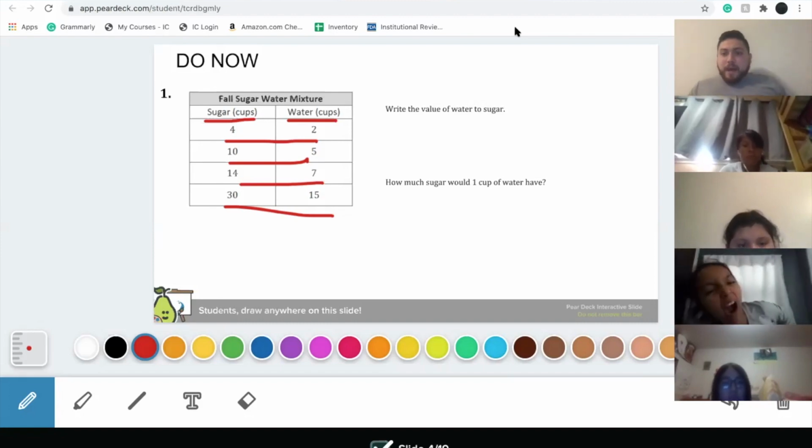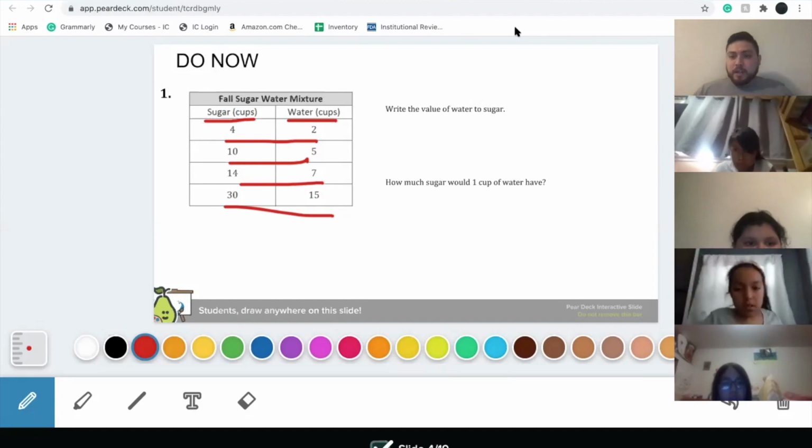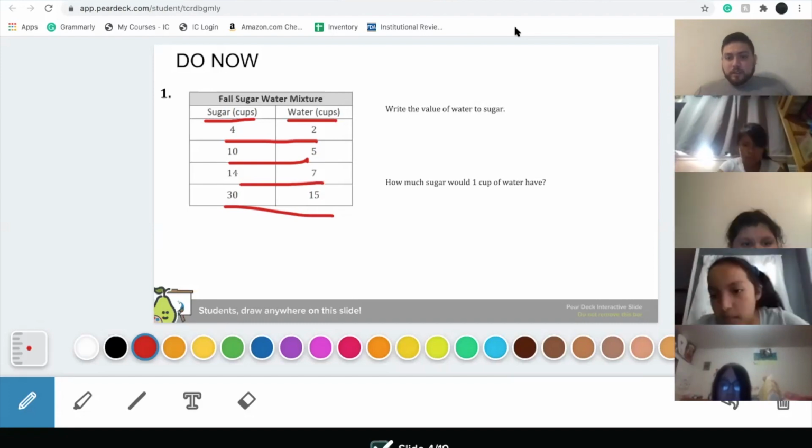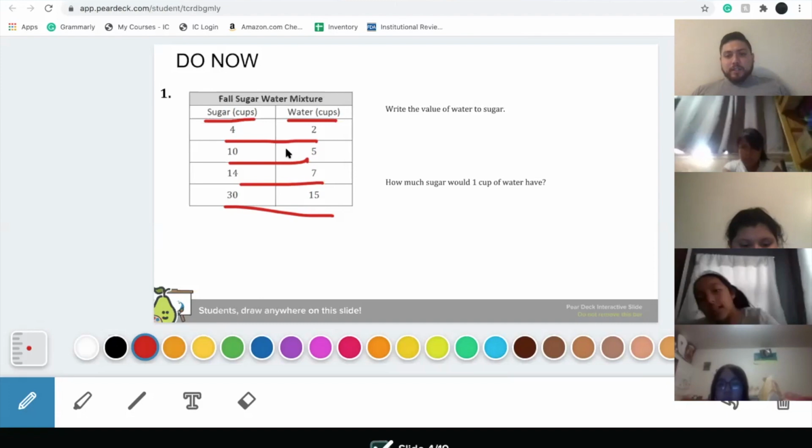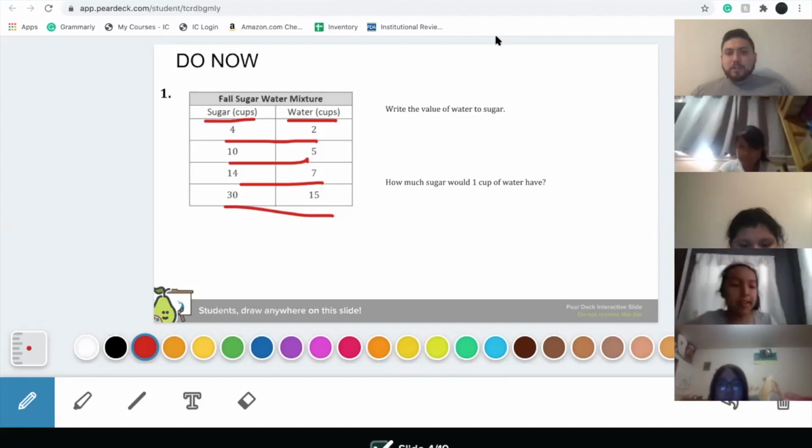So type that back to me so I know that you're tracking me and we understand that all equivalent ratios have the same value. Thank you, Britza. Thank you, Yasmin. Thank you, Casey. Thank you, Julian. So Hugo, it's equivalent ratios have the same value. And all of these are ratios in this table.